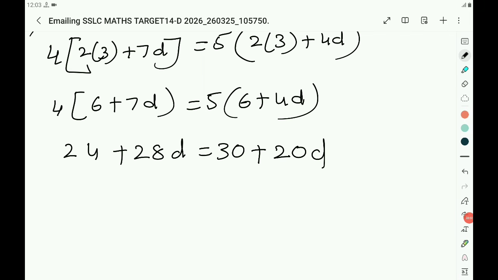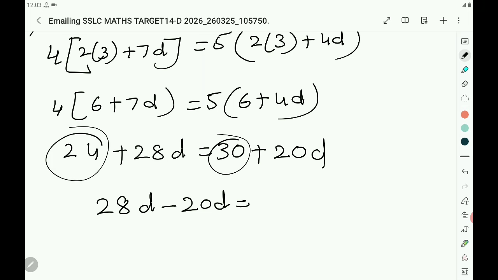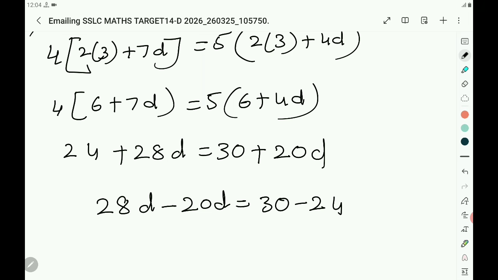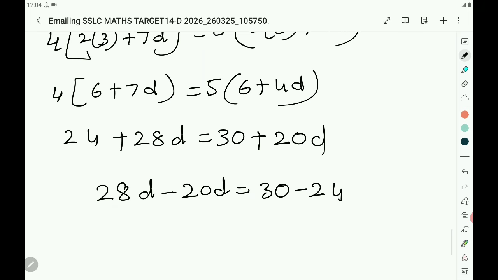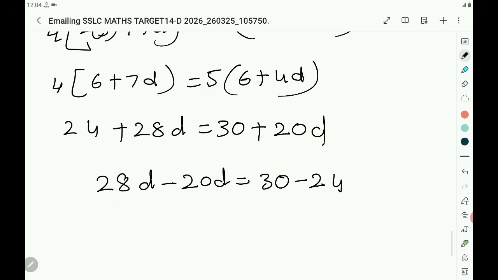Bring d together: 28d minus 20d equals 30 minus 24. 28d minus 20d is 8d, and 30 minus 24 is 6.